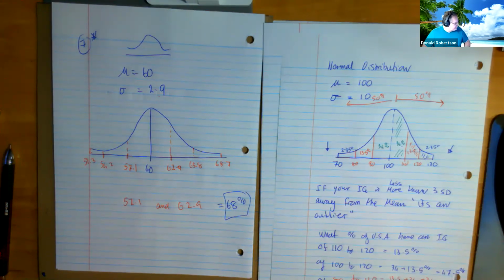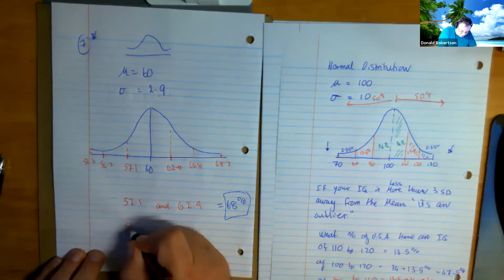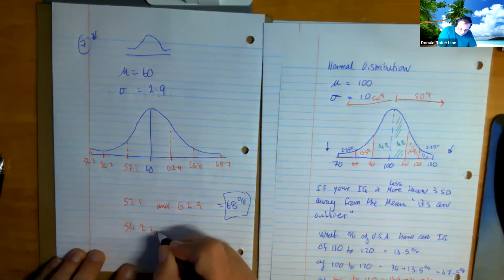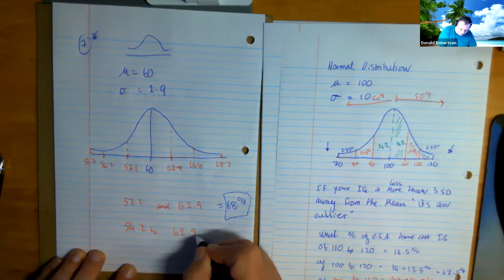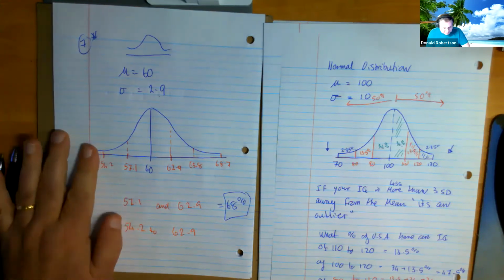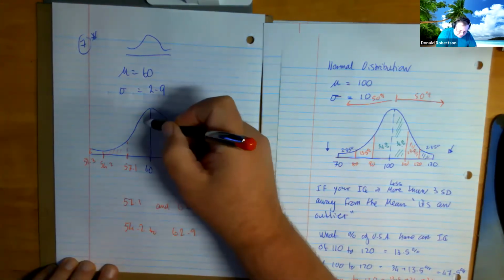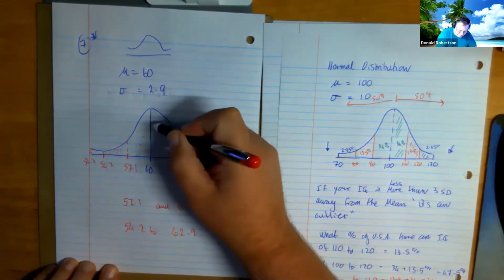Suppose they wanted 54.2 to 62.9. So it's a little bit different, but not much. 54.2 is here, so I'll put a little shade on it. And then we've got this piece here, and that piece there.